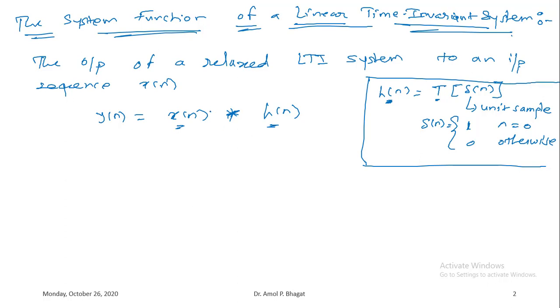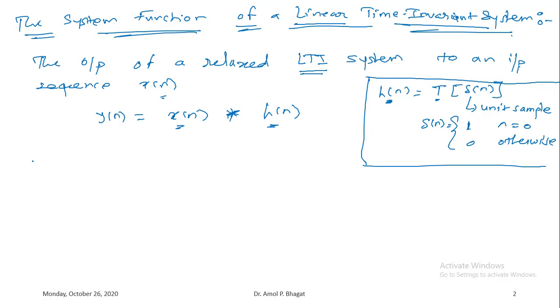And the response of an LTI system to the input x of n can be determined by convolving this input with the impulse response, using the convolution summation, right? And in Z transform we have seen the convolution property.